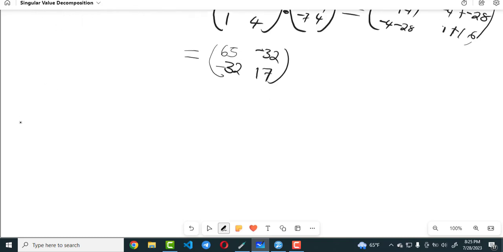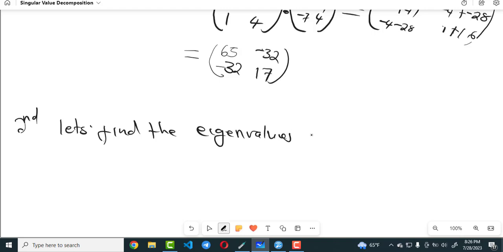Now another step here, let us call it our second step. Let's find the eigenvalues and the eigenvectors of our transposition matrix, our A A transpose.